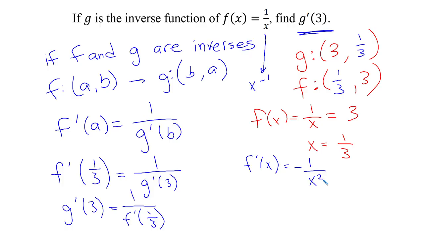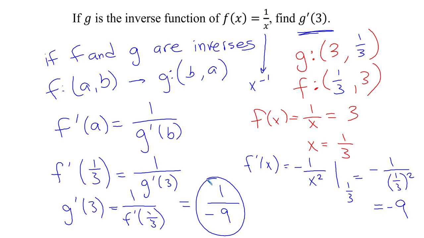So if we look for f prime of 1/3, that should be negative 1 over (1/3) squared. Well, (1/3) squared is 1/9, and negative 1 over 1/9 should just be negative 9. So now we know that f prime of 1/3 is negative 9, so g prime of 3 should be the reciprocal of that, or negative 1/9.